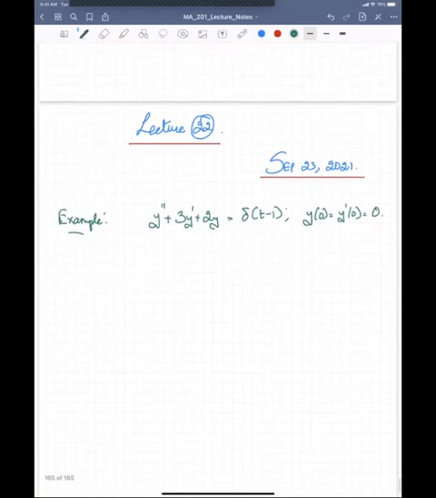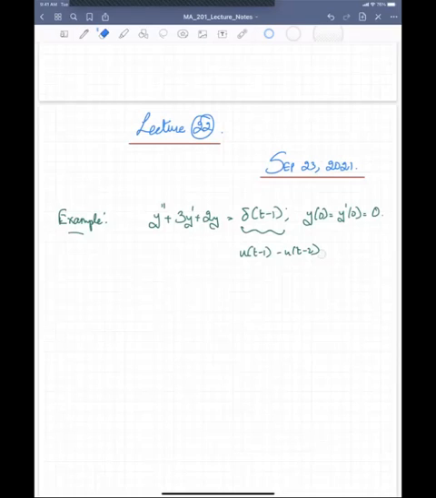If you remember, this is the exact same equation, except that yesterday we had a square wave on the right hand side, something like this, and we solved this ODE for that particular driving force. So today we're going to solve it for an impulse driving force. The driving force exists only at t equals 1, and nowhere else.